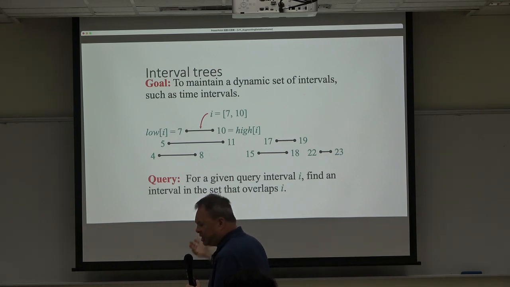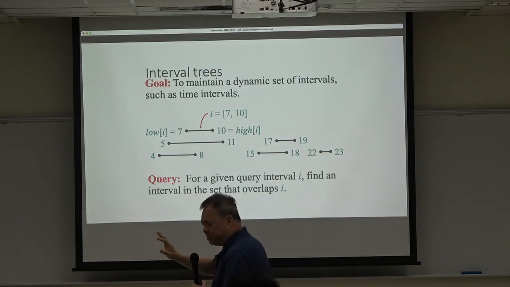If your set has any interval that overlaps, you have to find one from all these overlapped intervals and return that. So how do we do it?